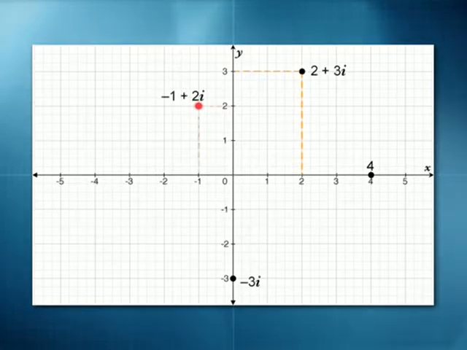That's minus 1 and then go up to 2i. The complex number minus 3i is actually on the imaginary axis at minus 3. And then over to the right, you see the point 4. It's the real number 4. So we know how to plot complex numbers, don't we? If I give you a complex number, you know how to plot it now.